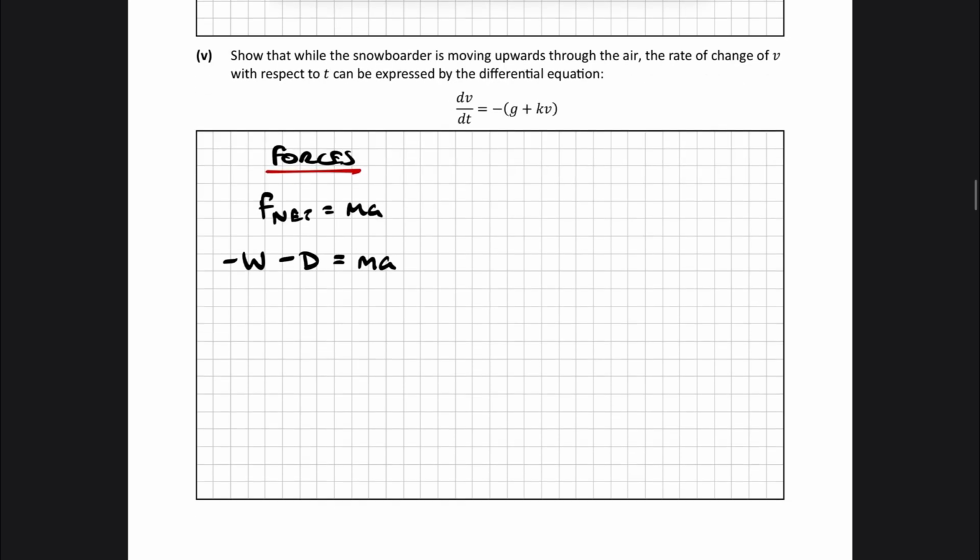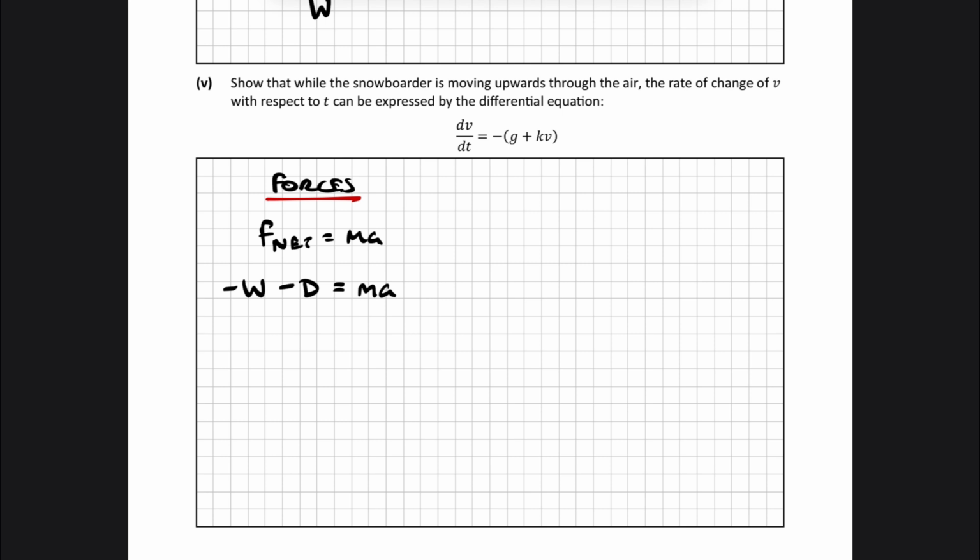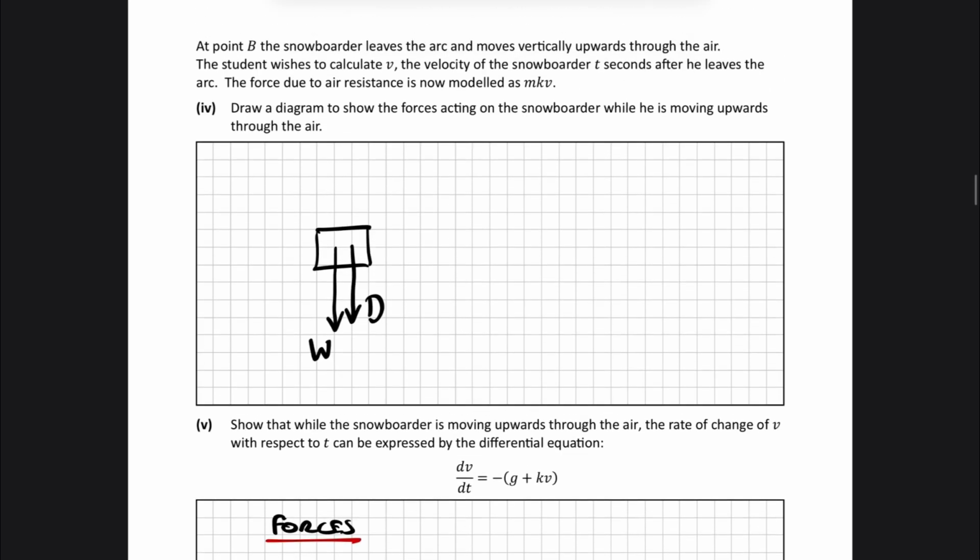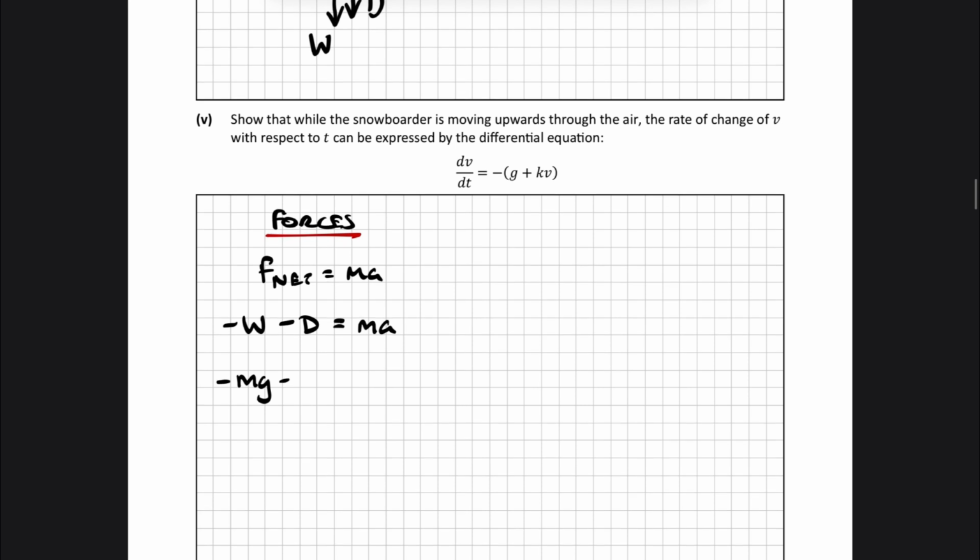So here, minus W is minus mg. D, they tell me up here, was mkv. So I can say minus mkv equals ma. Divide across by m, factorize out the minus, and then I can replace a with dv/dt. So therefore, dv/dt.